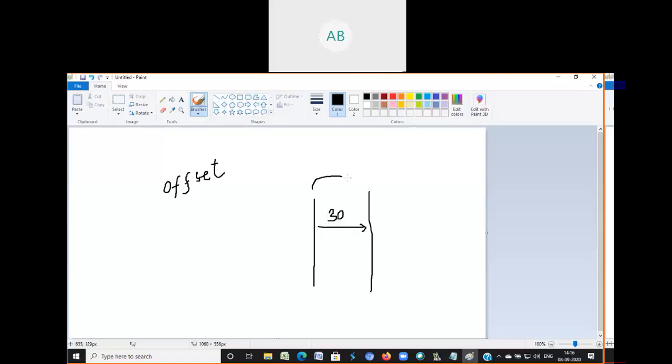So you just offset this line. This is the original line, and this is my line that I can get by offset.